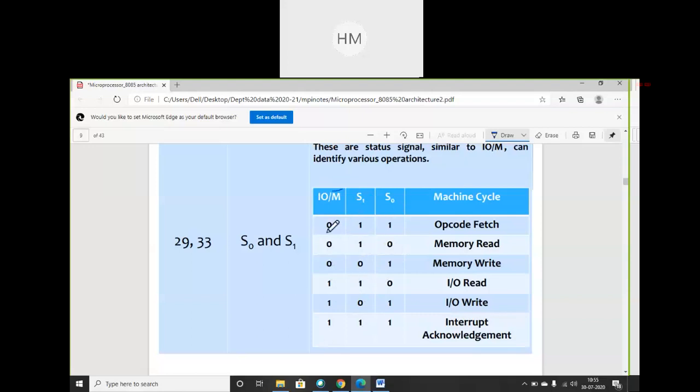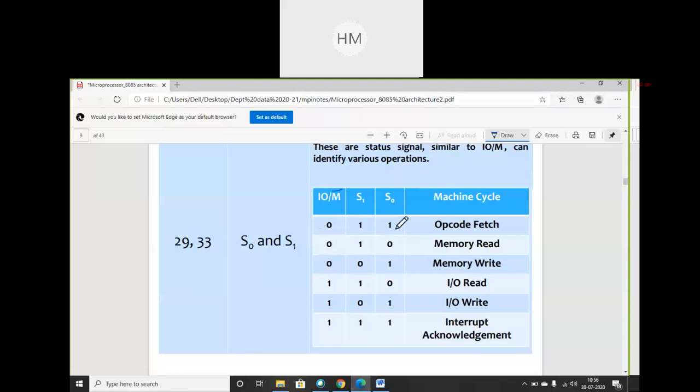So when IO/M bar is 0, what does it mean? Which line is active, input, output or memory? Who will tell? When IO/M bar is 0, which type of operation is to be performed? Yes, very good. It's a memory operation because it is active low, pin 0.